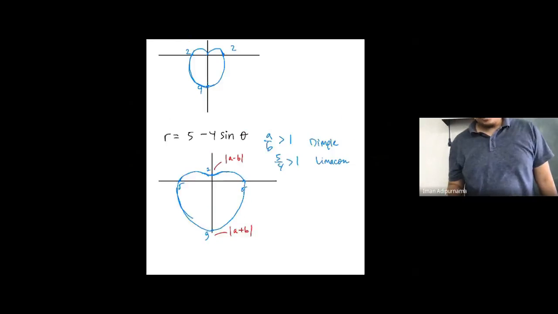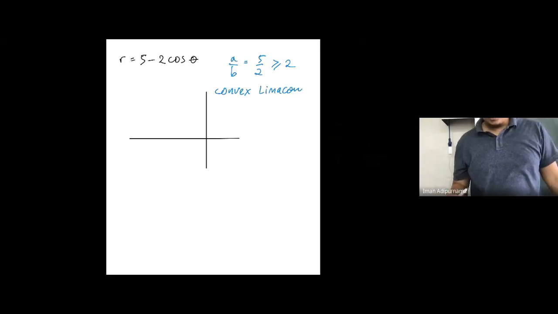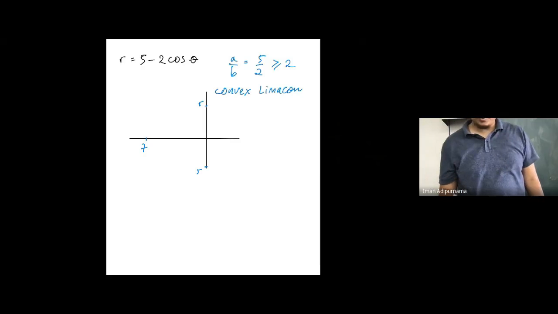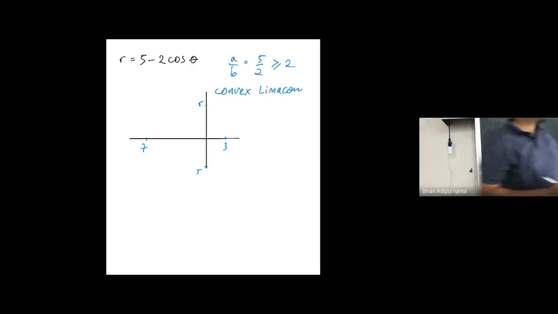Now here we have 7. We have maybe 5 here and 5 here, and this is maybe 3 around here. So it's like a circle, like an ellipse, but it's not.